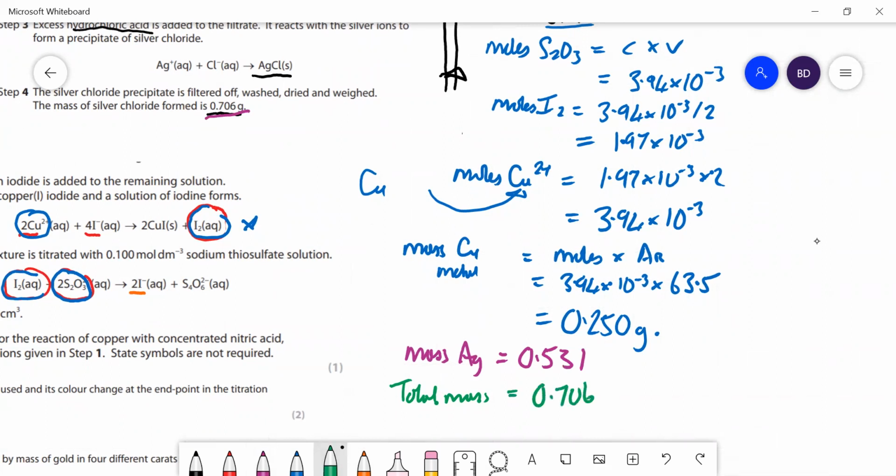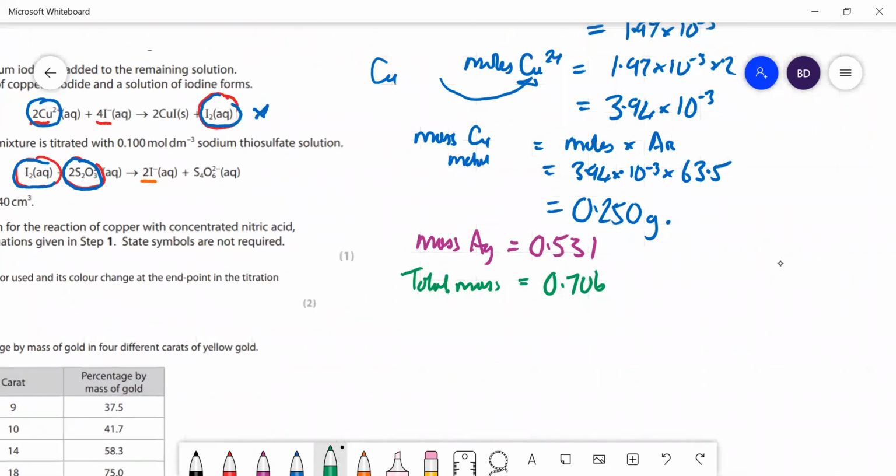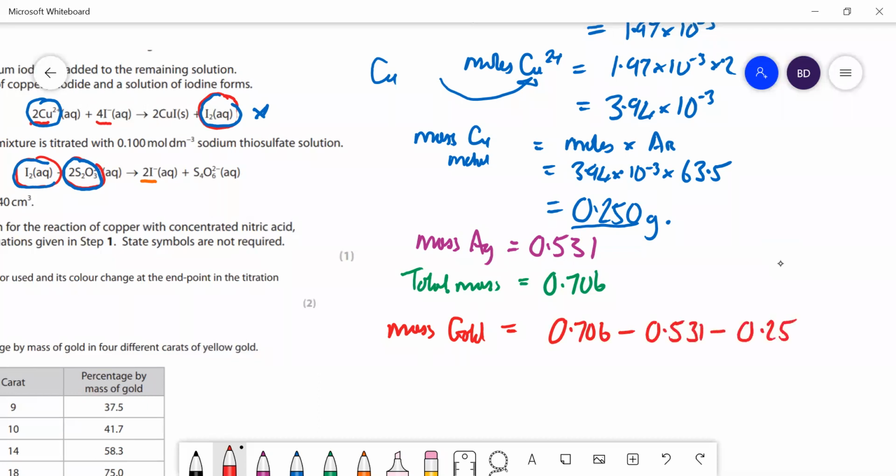So let's work out the mass of gold. All we've got to do is we've got the copper mass here, we've got the silver mass, and we've got the total mass. So mass of gold is total mass, which was 0.706, minus the mass of silver, 0.531, minus the mass of copper, 0.25. That is equal to 0.468.